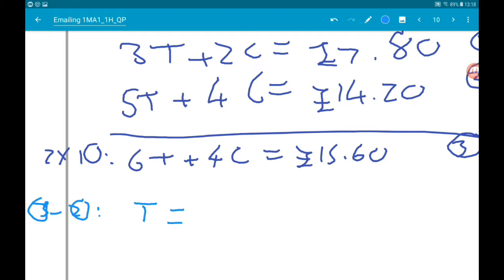And then 1560 minus 1420 is £1.40p. So that is the cost of 1t.